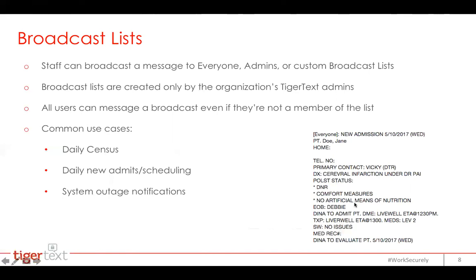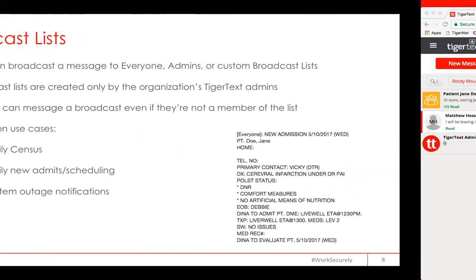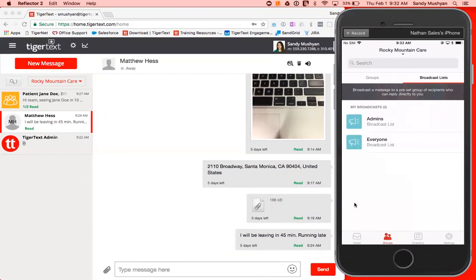We can be flexible and really get broadcast lists to work for however you want to use them in your workflow. If I were to send out a broadcast, I won't send it to everyone so I don't have your phones going off, but I can send it to my admins so we can see what it looks like.